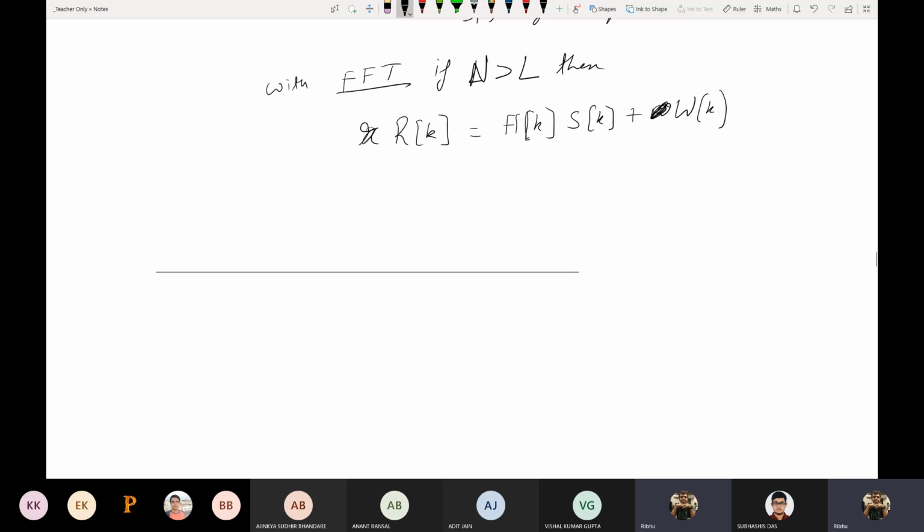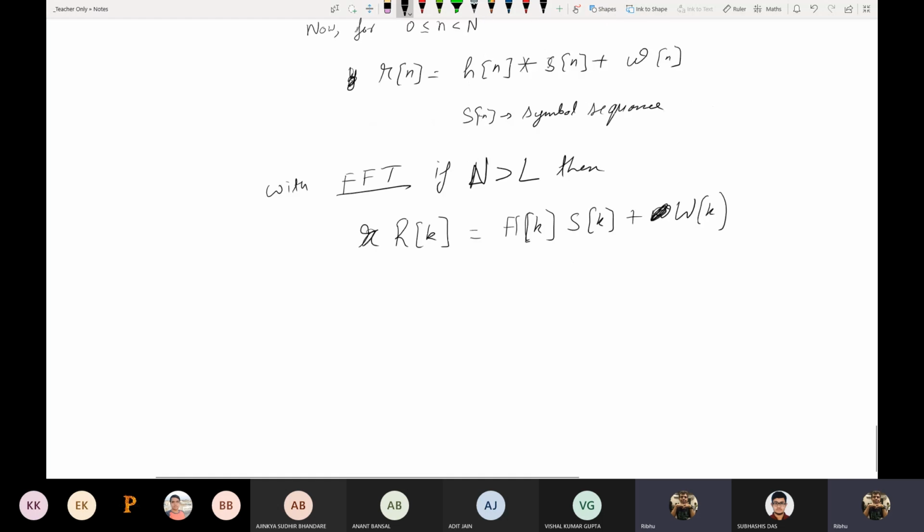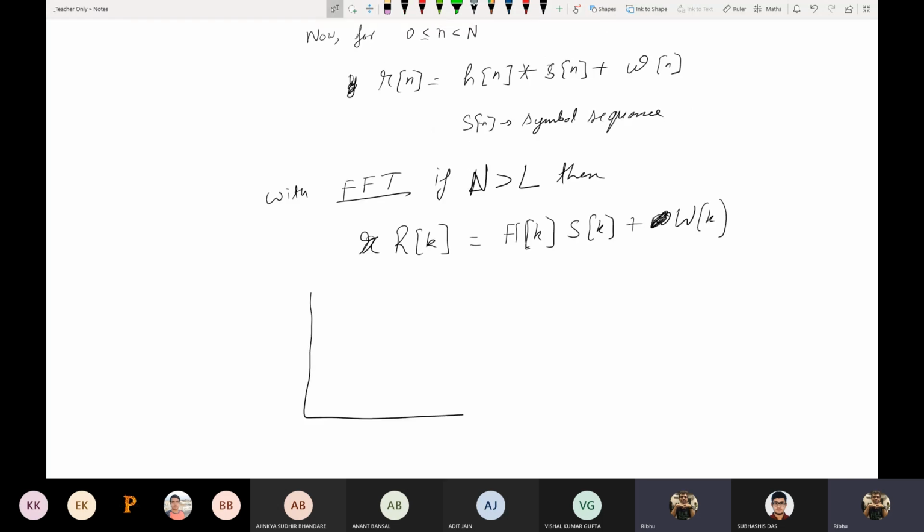We had seen that this was the channel. We had split it into n parts.